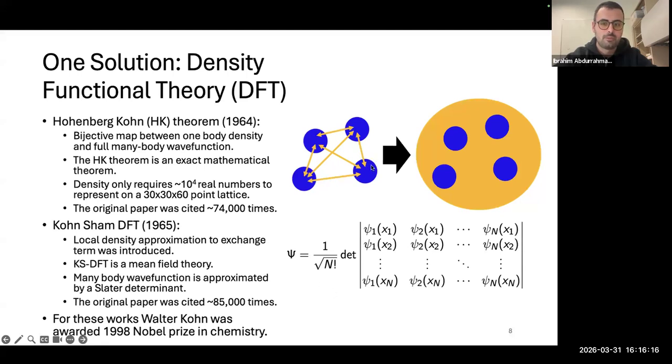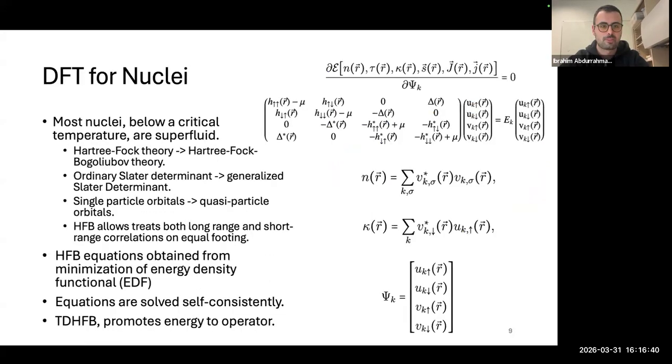So you go from a picture of many particles which are interacting to a mean field picture, where now you have individual orbitals that instead of interacting in some static external field, interact in some mean field that's generated from all of the rest of the particles in the system. Now let's talk about DFT for nuclei.